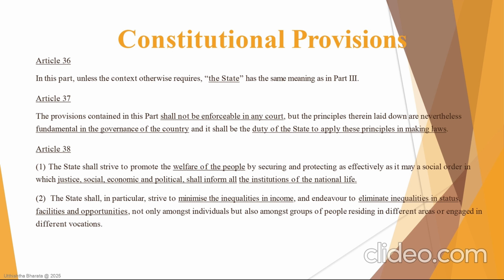In determining the scope and ambit of fundamental rights, the court may not entirely ignore DPSPs and should adopt the principle of harmonious construction so as to give effect to both as much as possible. The courts have been issuing directives in various cases enjoining the government to perform their positive duties to achieve the goals envisaged by the directives.